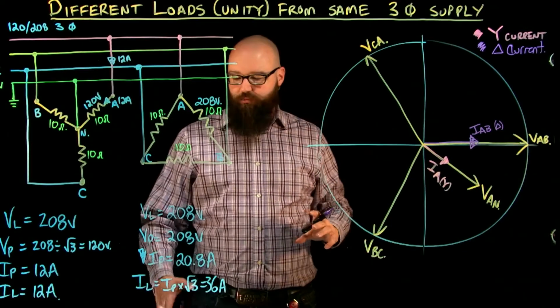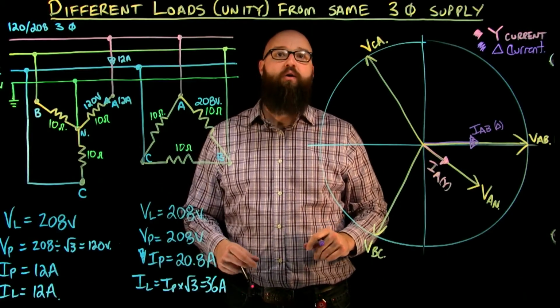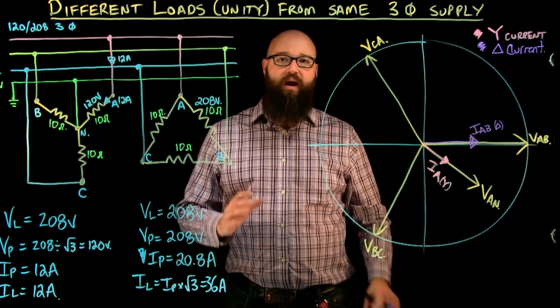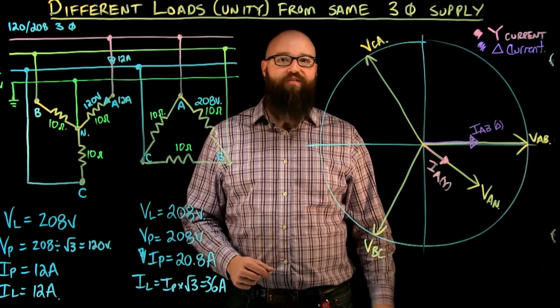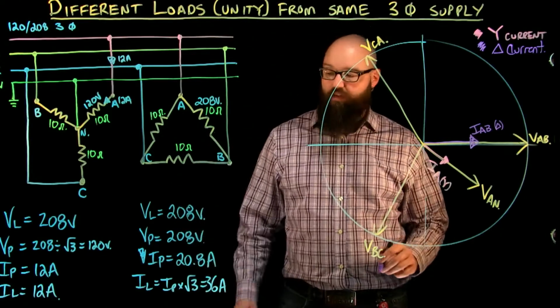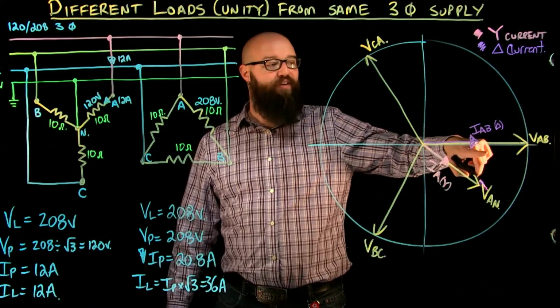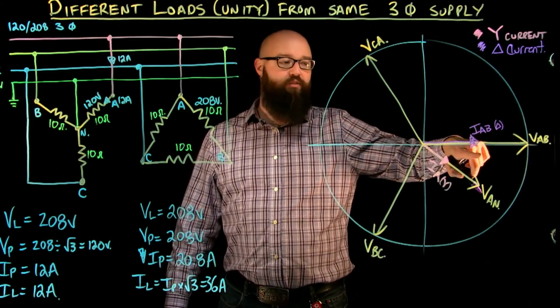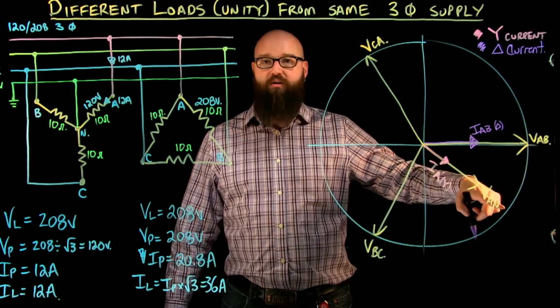Now the last thing we need to plot on here is our I line for our delta circuit as well. One of the rules with a delta balanced circuit is that when we look at line current, it's going to lag the phase current by 30 degrees. Remember, when it's balanced. So that means if I look at IAB at 0 degrees, in phase with the phase voltage, it's going to lag by 30 degrees, which puts it on this same line right here.